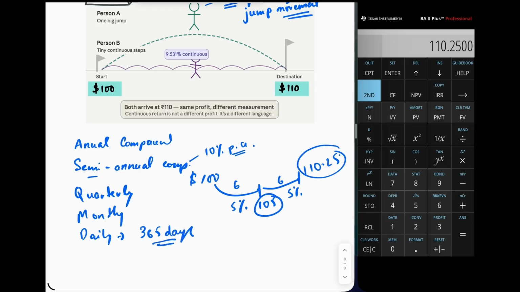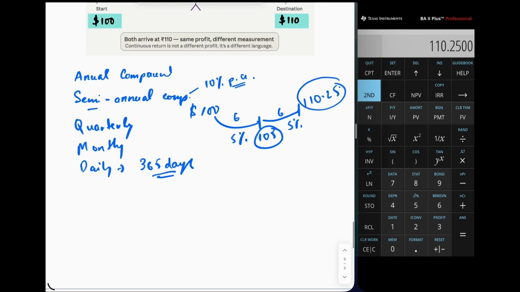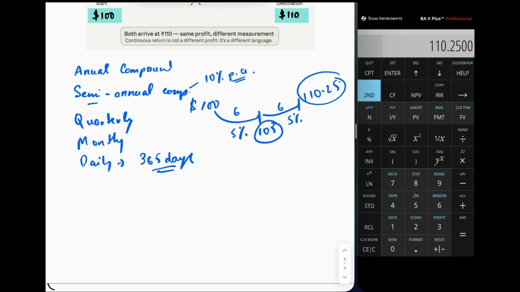But for continuous compounding, it is applied not only every day, and not only every hour, but every minute, every second, every microsecond.